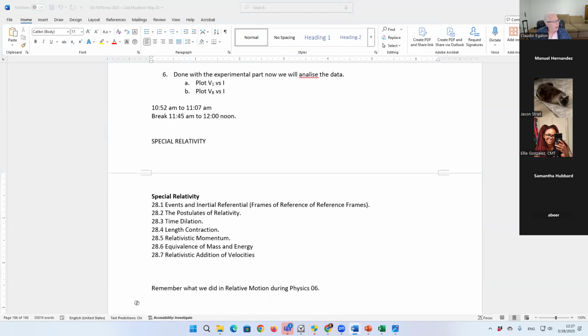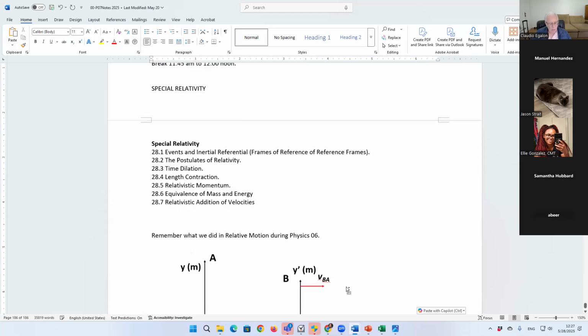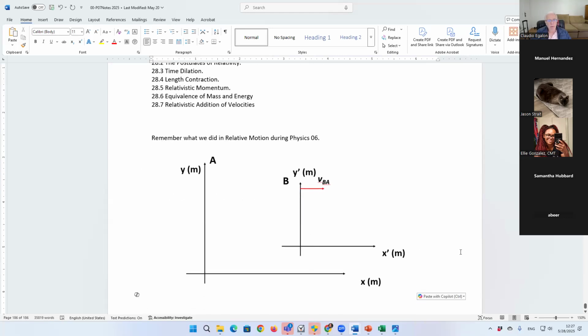In my class, the way that I do relative motion, I display to you two different referentials, one moving with respect to another. So let's say referential A is the ground referential, that is at rest with respect to us, and referential B, let's say, is a car. It's a car that's in motion with constant velocity.